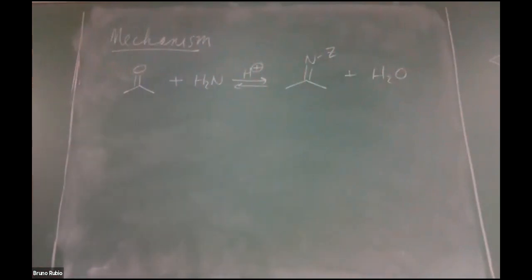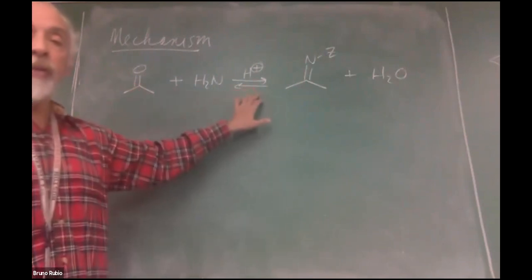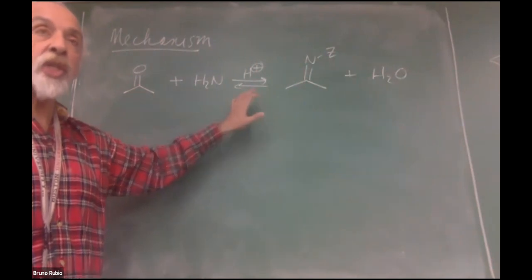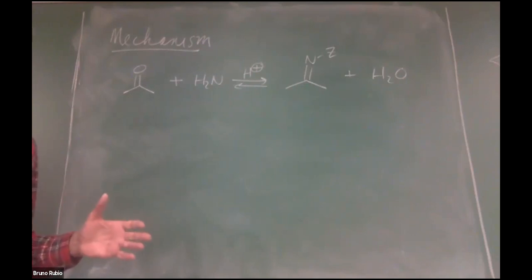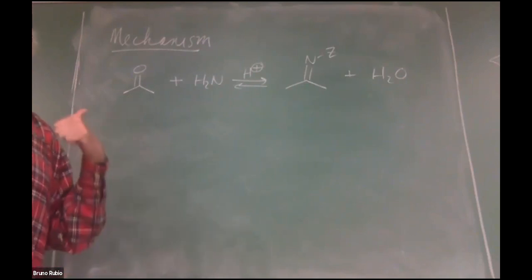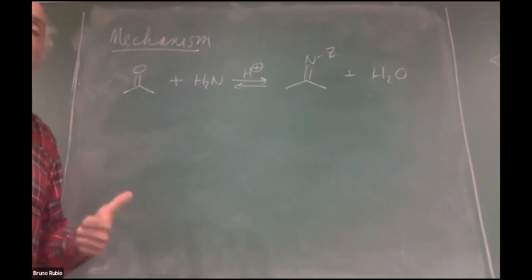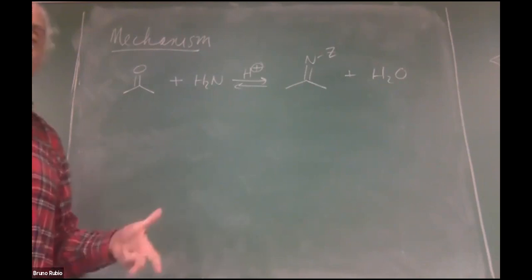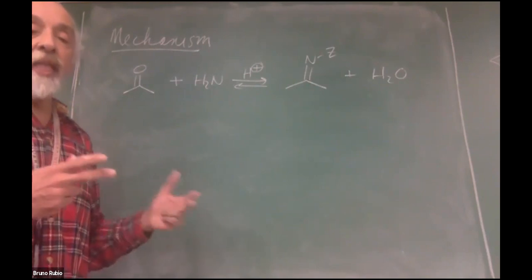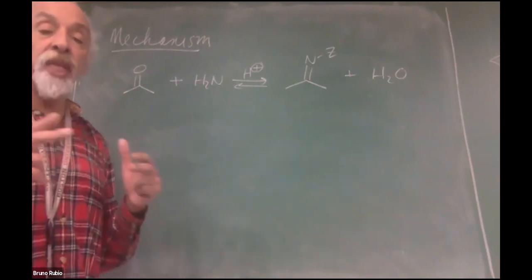All right, so one of the things that we've said, probably even more than once, is that whenever you see a carbonyl compound sitting around under acidic conditions, what are the first two things that nearly always happen mechanistically? First thing, protonate the carbonyl oxygen. Second, attack the carbonyl carbon with a nucleophile.